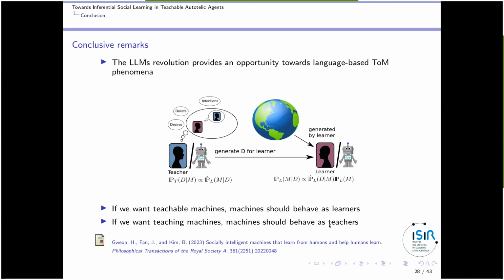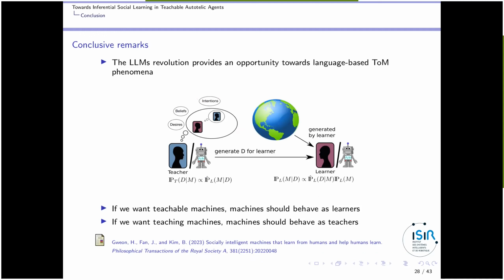Conclusive remark. Again, I'm moving to a more recent paper from Yoon Gueon, where she investigates what changes when we give machines these inferential social learning capabilities. And I like these two points a lot: if we want to have teachable machines, our teachable agents, these machines should behave as human learners.